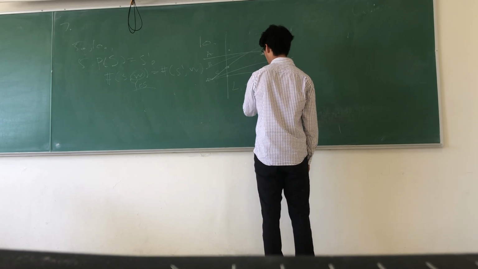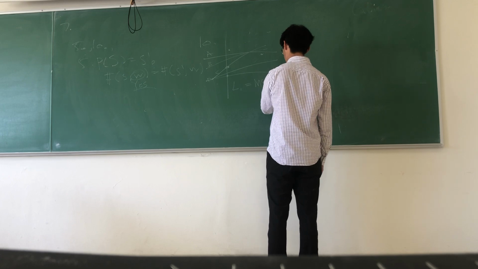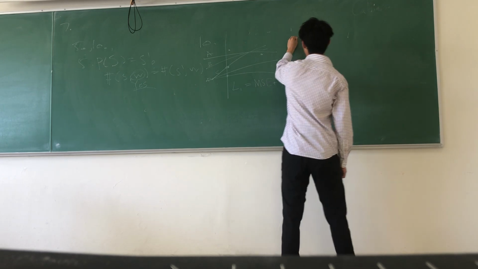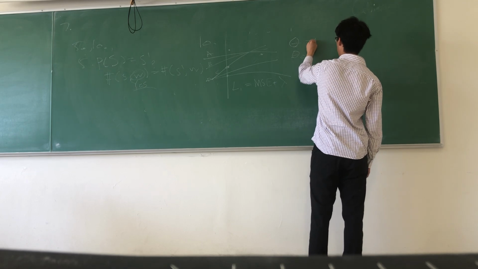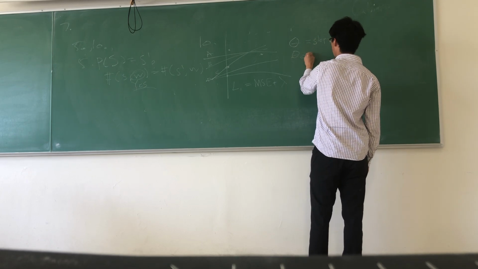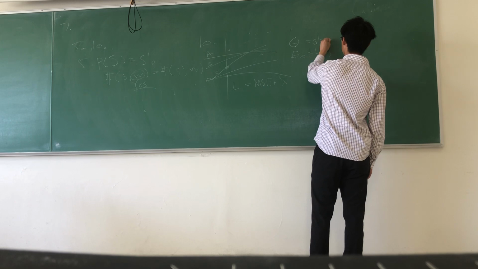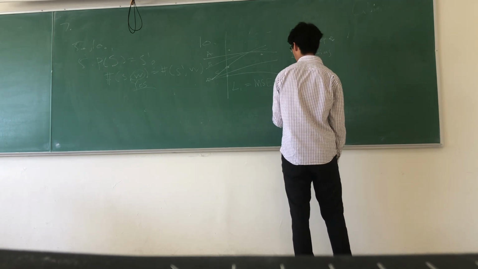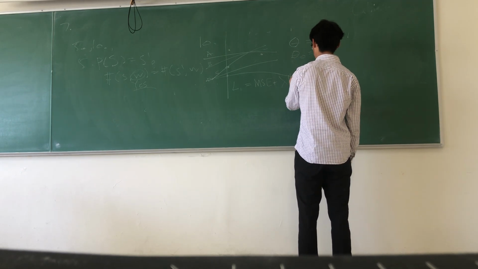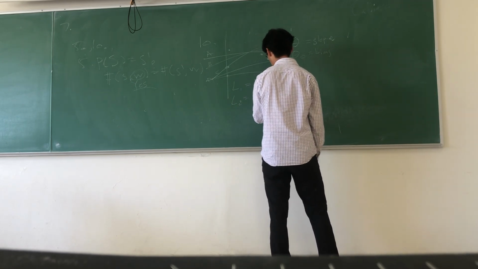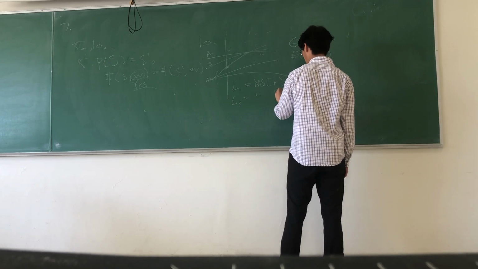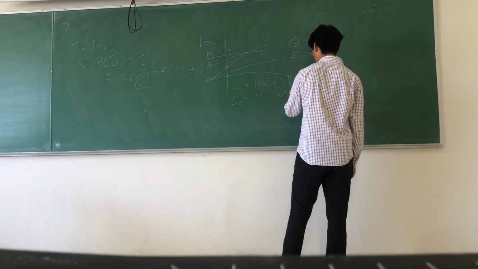So L1 is MSE plus lambda, and we have theta and theta naught. Theta equals the slope here, and theta naught is the bias. So we have MSE plus lambda times a regularization on theta. For the second one, we have the same thing, but lambda is now 10 instead of 1.